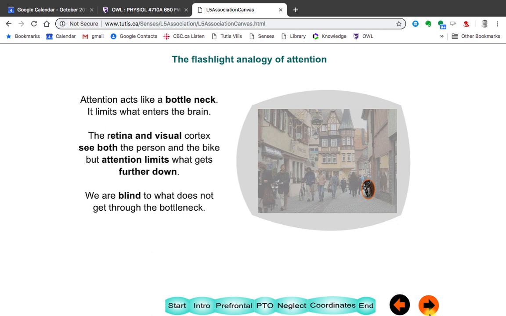But attention is also like a bottleneck. Once attention is focused on this particular spot, it takes time for the information to enter and register in the brain. And while it's doing that, you're blind to everything else.